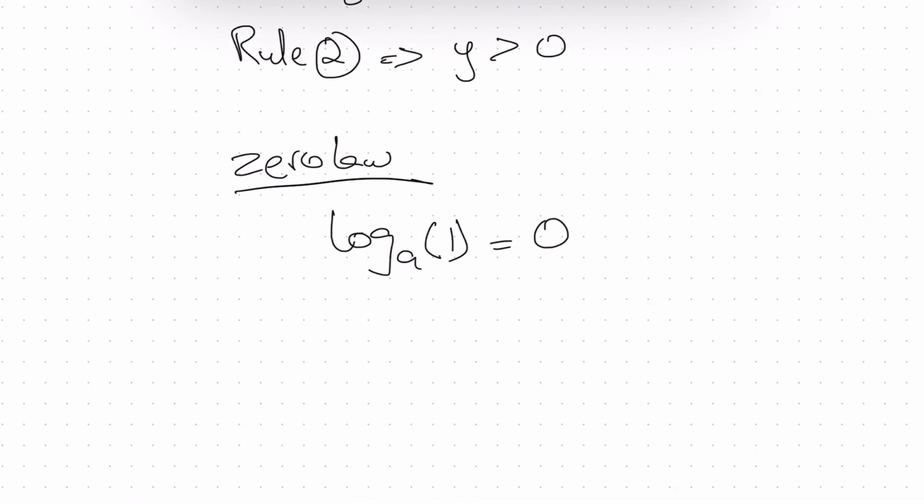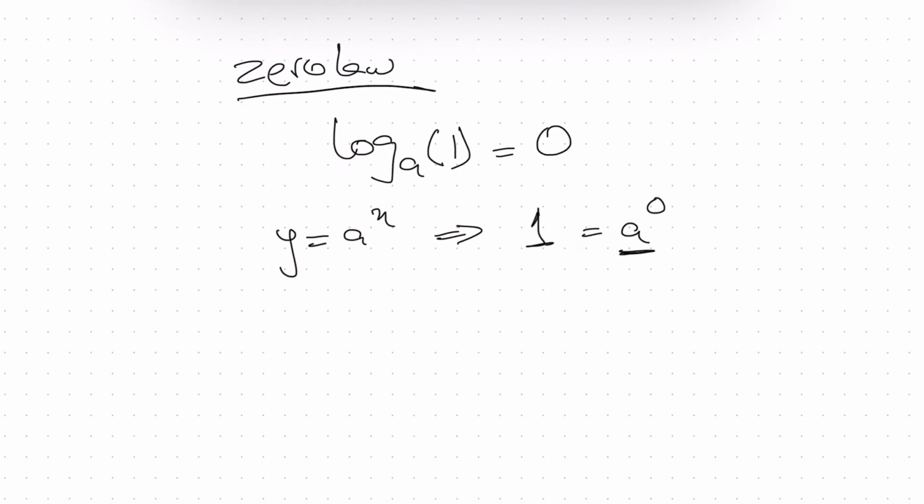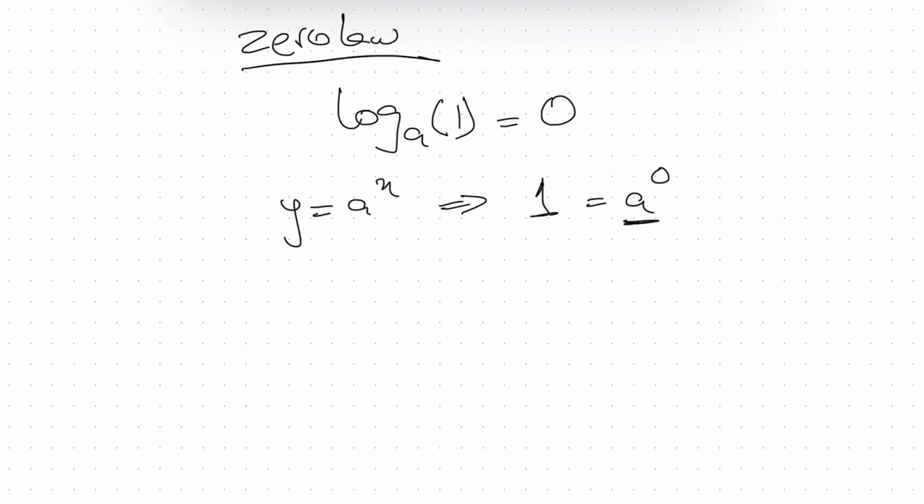What this means is, what is my index form? y equals a power x. Now if I try to map this, so I have 1 equals a power 0. So any number raised to power 0 is equal to 1. Okay, so this is zero law.